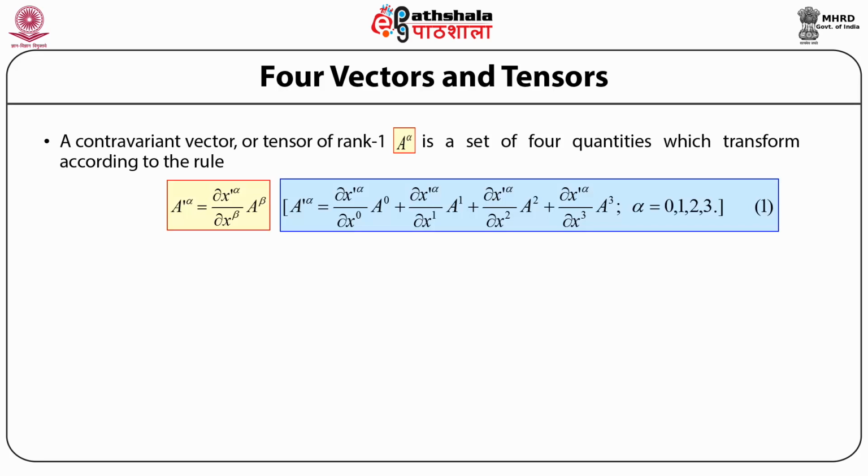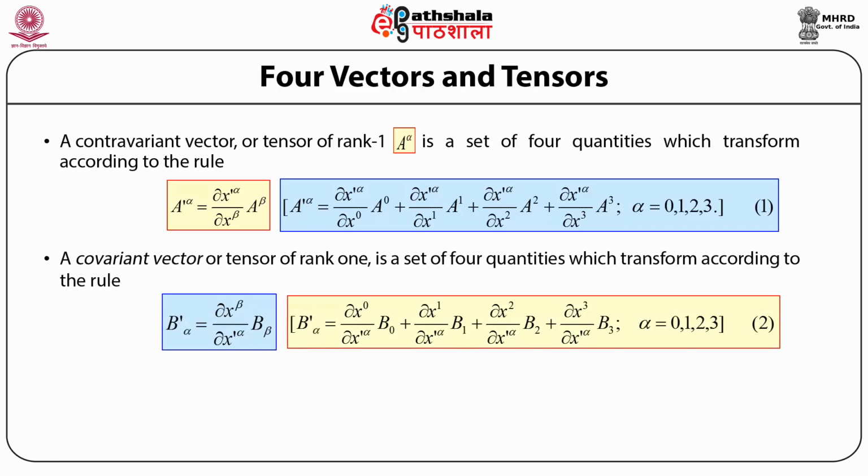So expanding this, we can write A prime superscript alpha, taking alpha values from 0, 1, 2 and 3, and expanding in terms of beta, which again takes the values 0, 1, 2 and 3, as equal to the partial derivative of x prime superscript alpha with respect to x superscript 0 times A superscript 0, plus the partial derivative of x prime superscript alpha with respect to x superscript 1 times A superscript 1, plus the partial derivative of x prime alpha with respect to x superscript 2 times A superscript 2, plus the partial derivative of x prime superscript alpha with respect to x superscript 3 times A superscript 3.